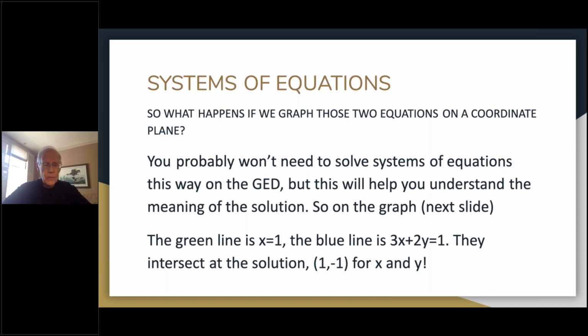And before we switch over, you'll see a green line. That's the x equals 1 equation. And the blue line is 3x plus 2y equals 1. And you'll see that they intersect on the graph at the solution, 1 and minus 1. In other words, x is 1 and y is minus 1. Here we go.